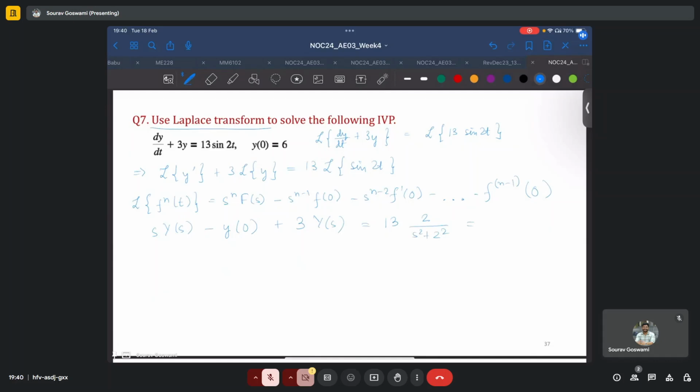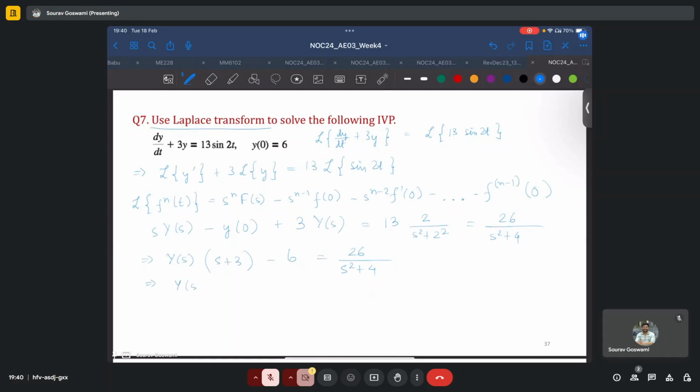And we can multiply it out. This will become 26 by s square plus 4. The value of y at 0 is also given to us. So this equation further becomes y of s times s plus 3 minus y at 0, which is 6, equals 26 by s square plus 4.